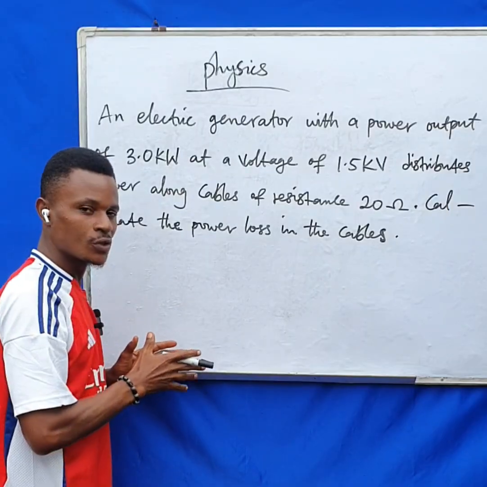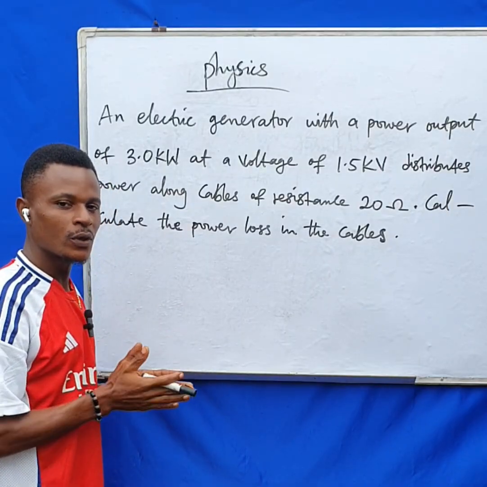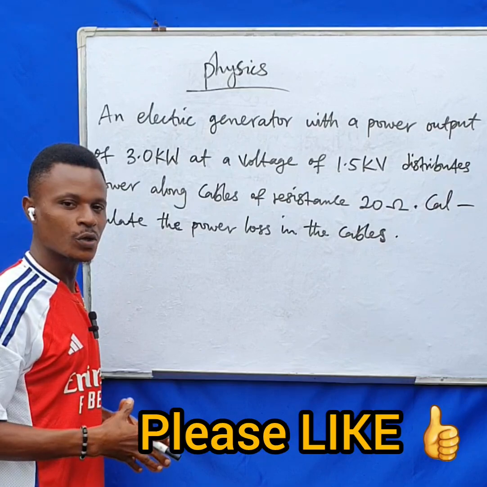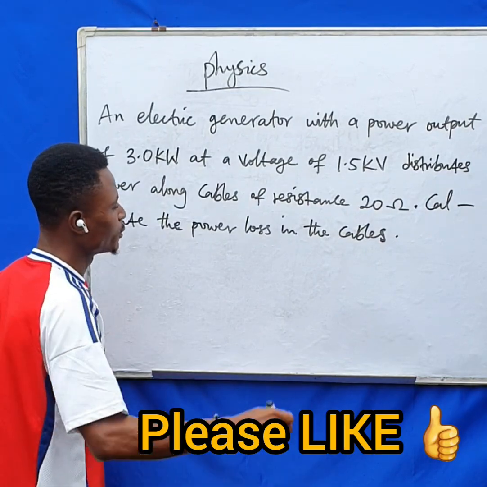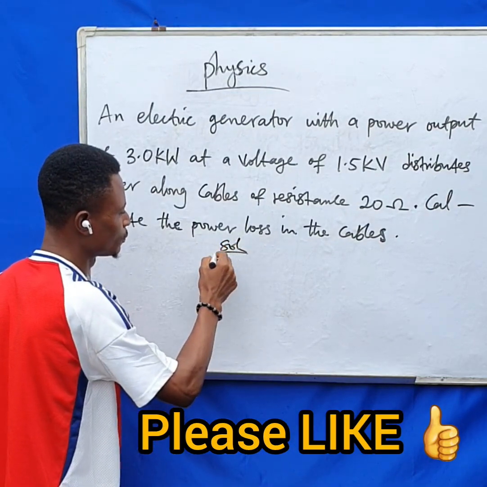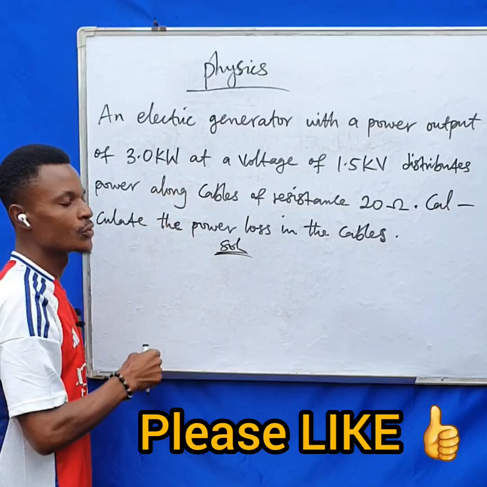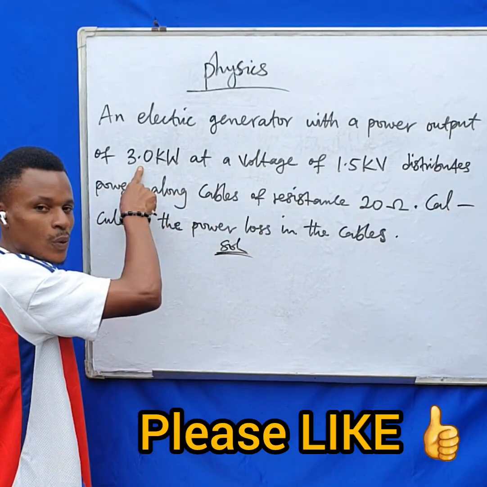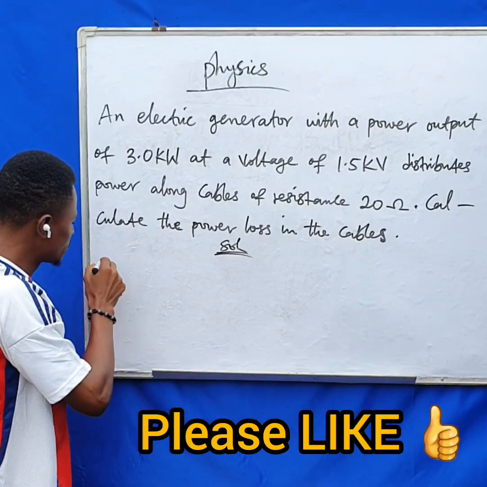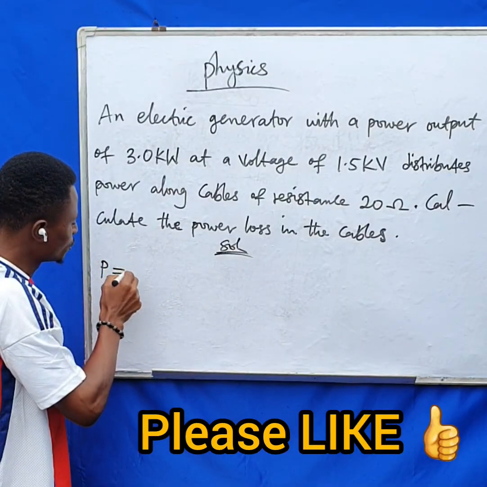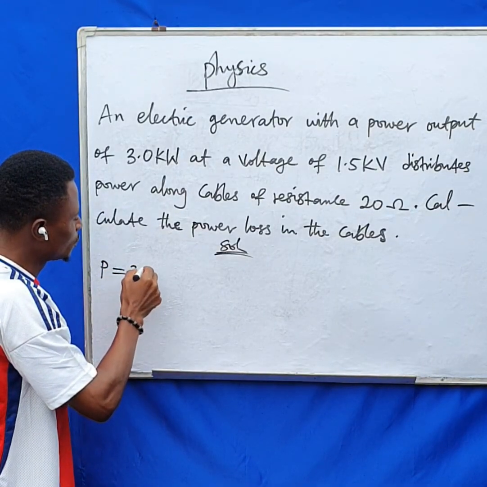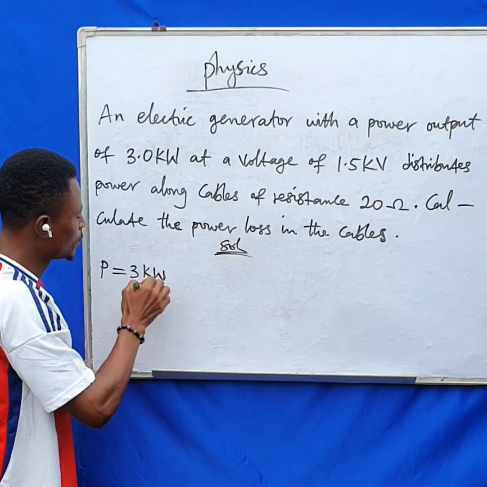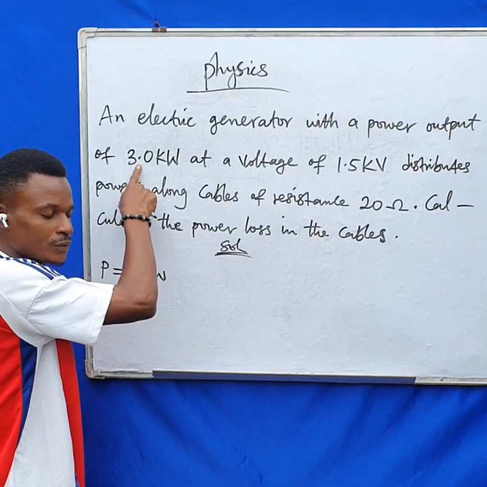To solve this question correctly, first of all, let us bring out the parameters given to us. So this is the solution. From the question, we are given power output as 3.0 kilowatts. So the power output is equal to 3 kilowatts. 3 is the same thing as 3.0.